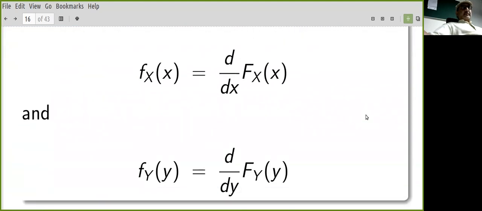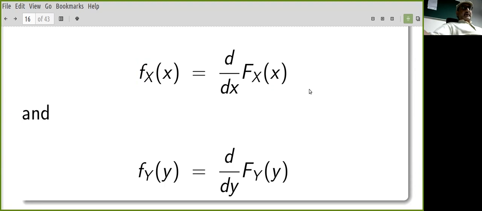Okay, so remember that when you had continuous random variables x and y, and if they had PDFs f sub x and f sub y, if you were given the cumulative distribution, capital F sub x, you could find the PDF from the CDF by differentiating the CDF.